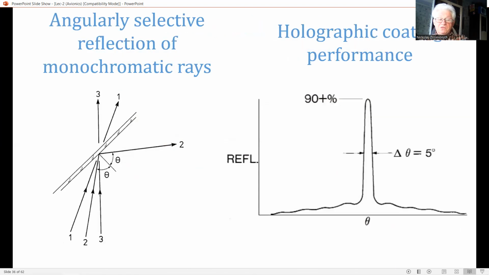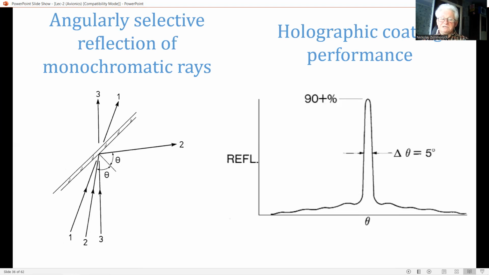At any point on the surface, the coating will only reflect a given wavelength over a small range of incidence angles. Outside this range of angles, the reflectivity drops off very rapidly, and light of that wavelength will be transmitted through the coating.